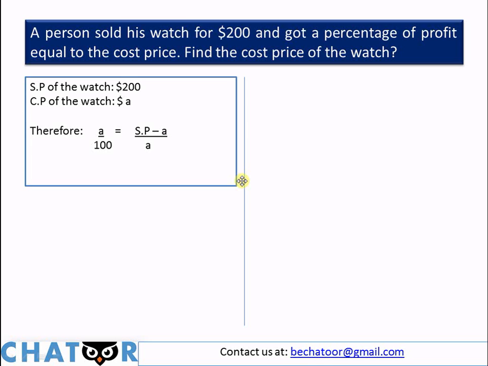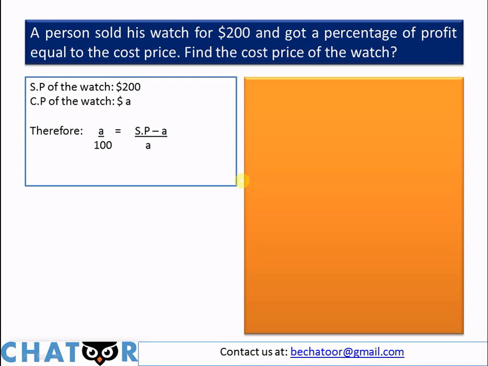So to write it in an equation, I have A by 100 is equal to SP minus A upon A. Now you got to cross multiply this equation. So we're going to have A square is equal to 100 into 200 minus A. 200 is your SP, which is why instead of the SP I just substituted it.